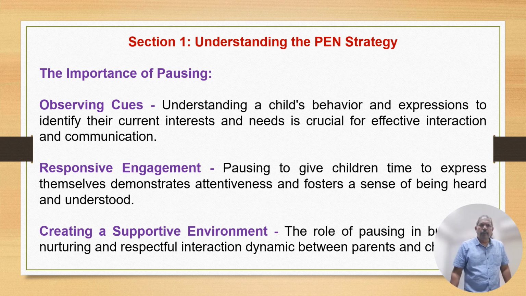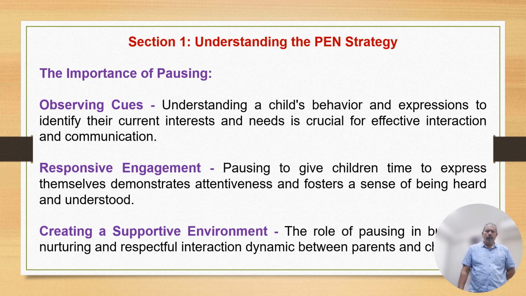The first important thing in the pen strategy is the pausing, observing cues. It is very important for you to look, because our children are constantly doing something. You need to identify certain behavior and expression so that you can identify what the interest of the child is. So you need to be very observant.